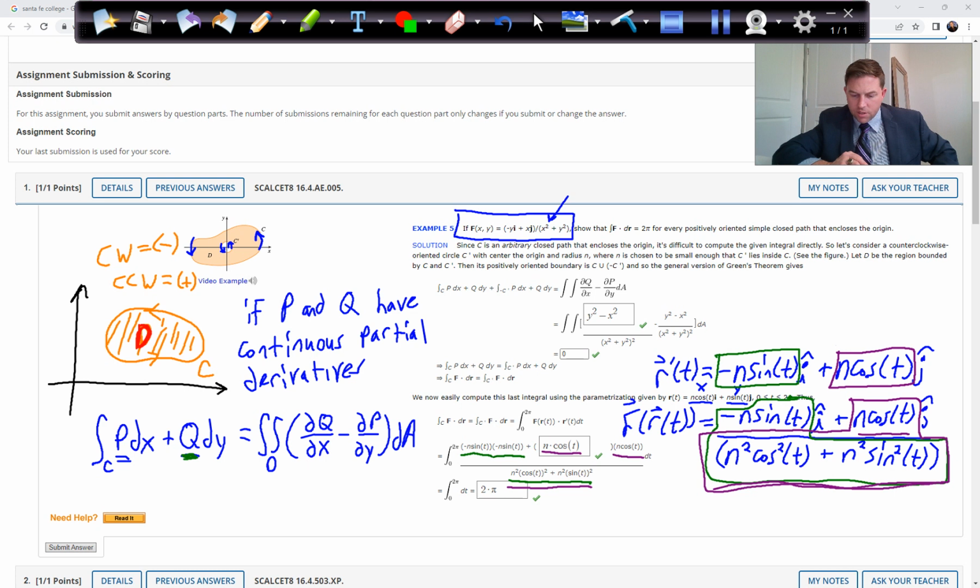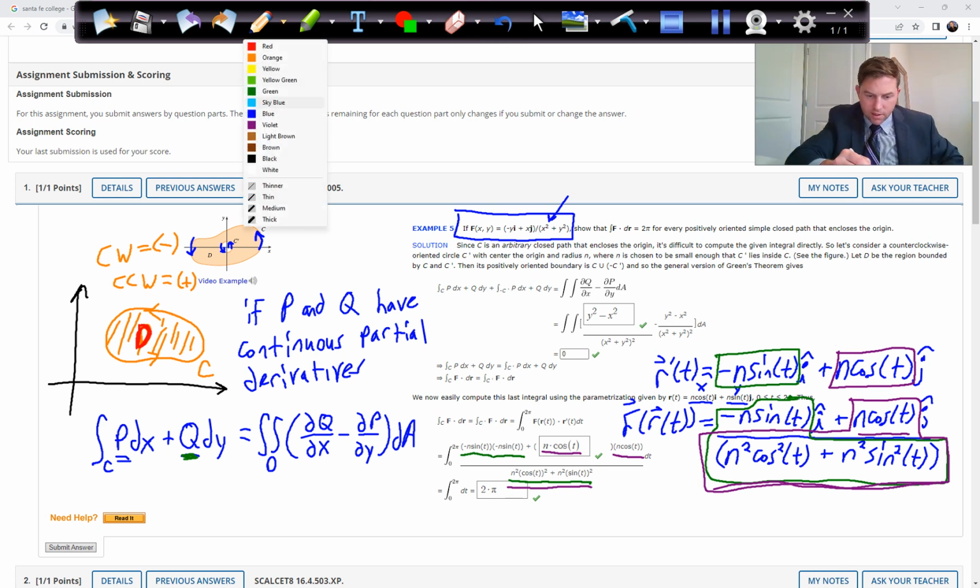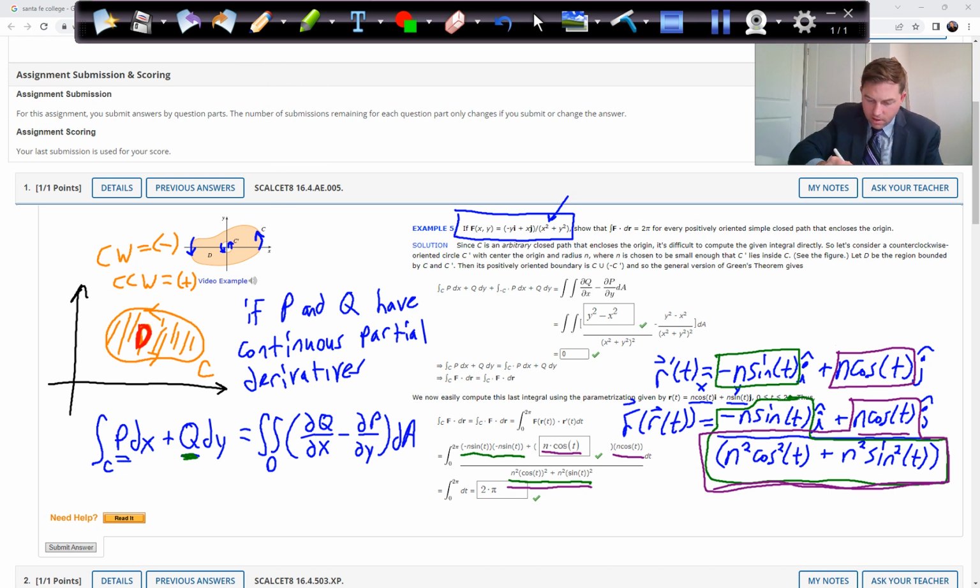And what we're going to notice is that if you expand out this numerator, we're going to get n squared times sine squared plus another n squared times cosine squared.